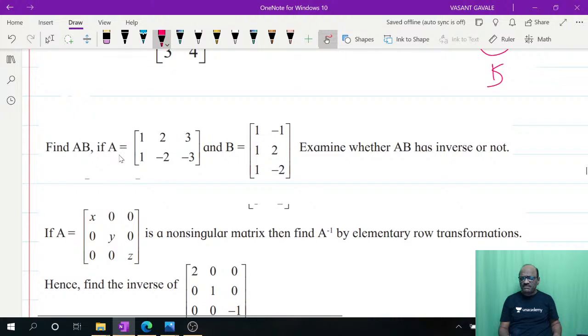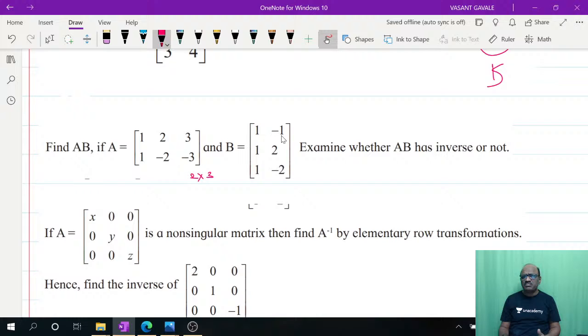Find AB if A is [1 2 3; 1 -2 -3] and B is [1 -1; 1 2; 1 -2]. Examine whether the AB has an inverse or not. Now what is the order of these? याचे order किती आहे? A, 2 rows and 3 columns.